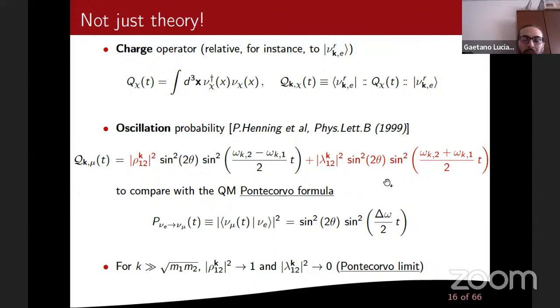But so far, we don't have any experimental possibility to distinguish between this formula and this formula. For current experiments, the Pontecorvo formula is enough for now, which is the reason why we are trying to find a solution theoretically while waiting for experimentalists' answers or insights.